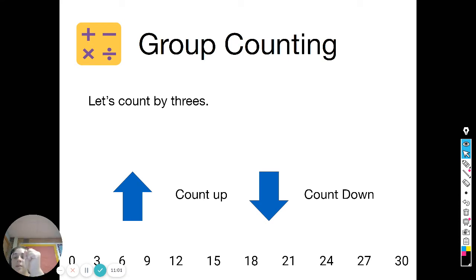3, 6, 9, 12, 15, 18, 21, 24, 27, 30, back down, 27, 24, 21, 18, 15, 12, 9, 6, 3, 0.